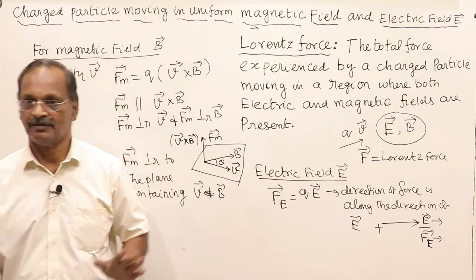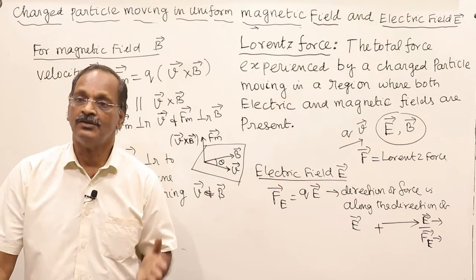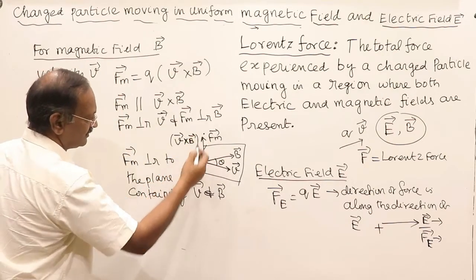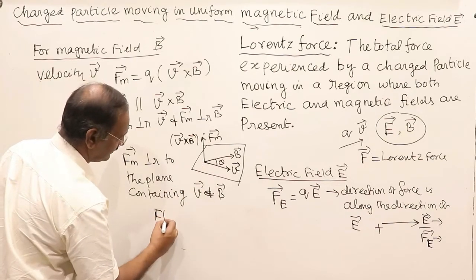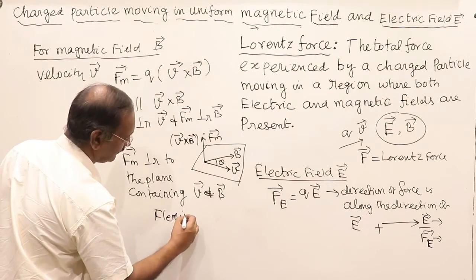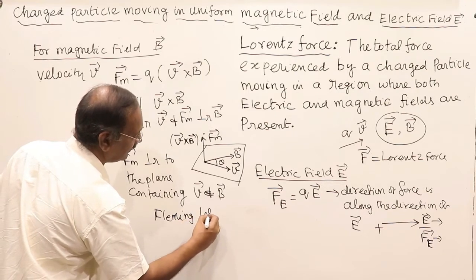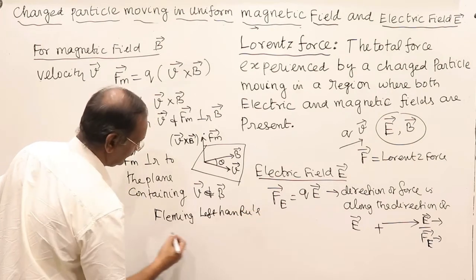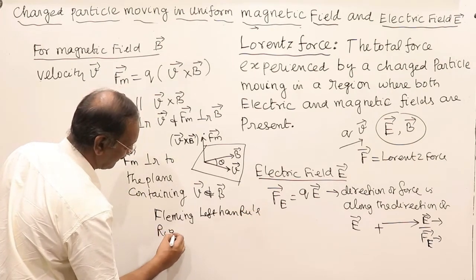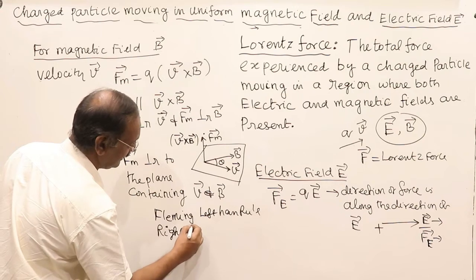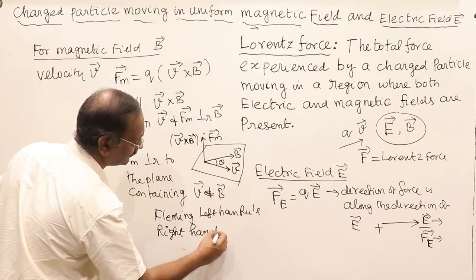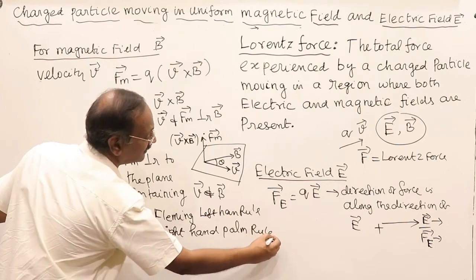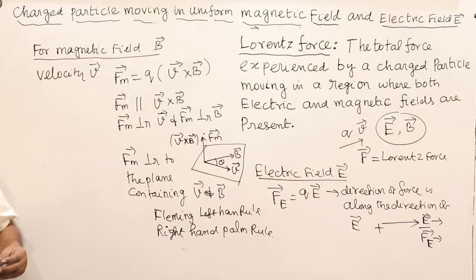This force is perpendicular to the plane containing v and B, whose direction can be found out by Fleming's left hand rule or right hand palm rule.